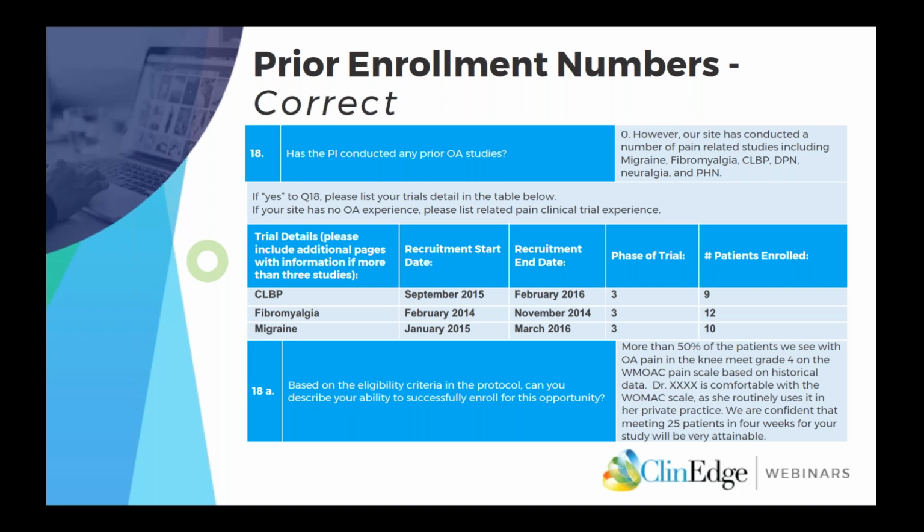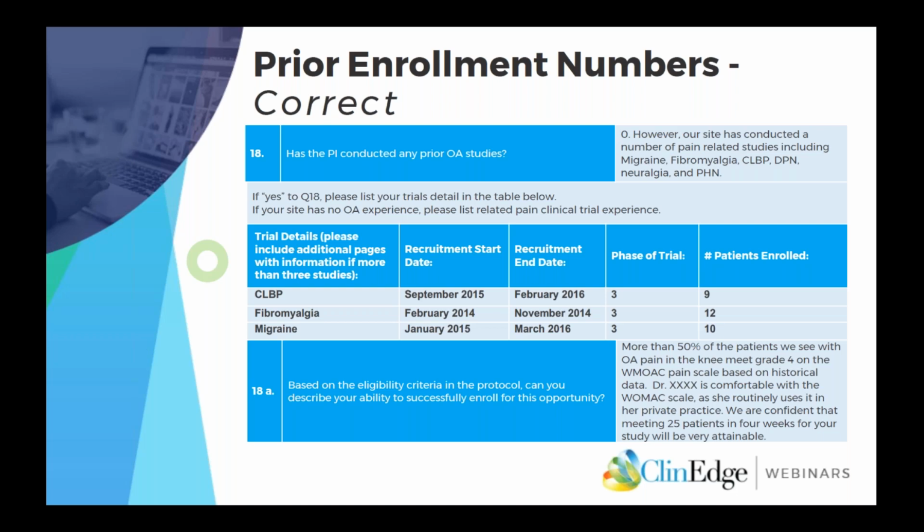So you want to make sure to list those similar pain indications that you've done. Maybe there's some overlapping features in each study. The metrics here, they put in a few metrics from prior studies they've done, including chronic lower back pain, fibromyalgia, migraine, just a couple studies in the pain realm. Make sure to fill that out.